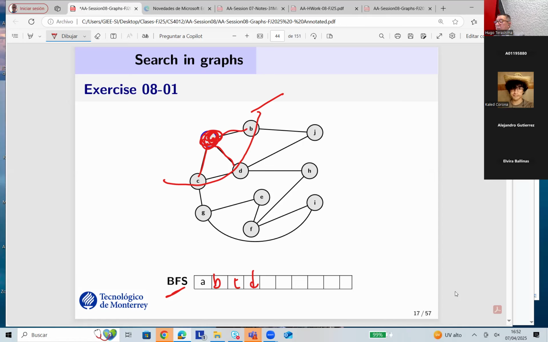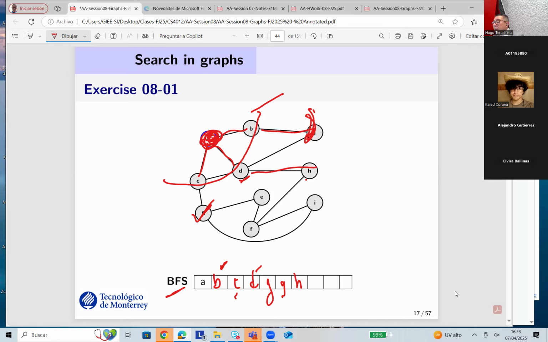J. The ones that are connected to D first, and then you have B to J, right? So you explore this, and then you go to C and you explore G, and D is already there, it's already visited. A is already visited. So you go to G. You have this, and then you go to D, and D, you have this already visited, this already visited, and H here.